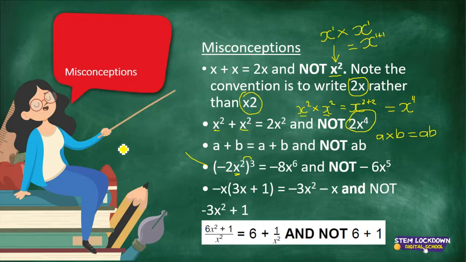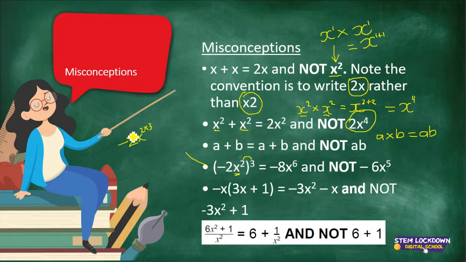You'll have negative 2, because you are raising this whole term to the power 3. You're actually multiplying the powers. And now notice this 3 also raises the negative 2.